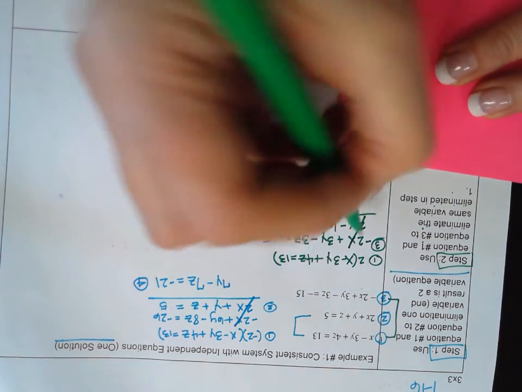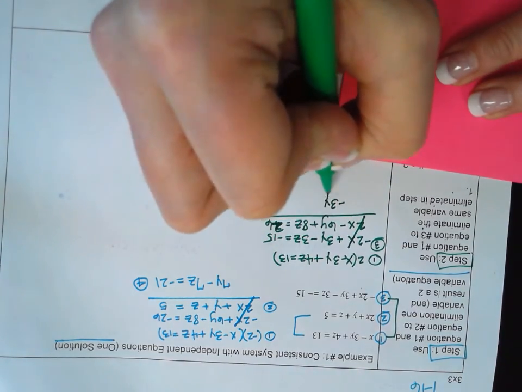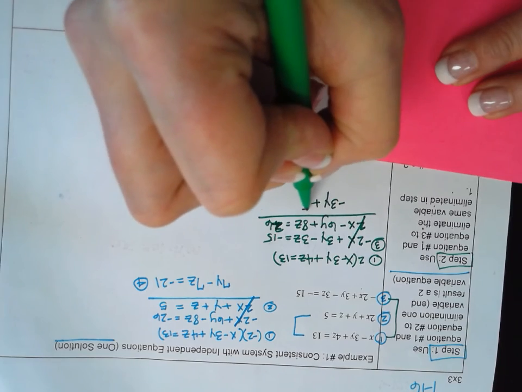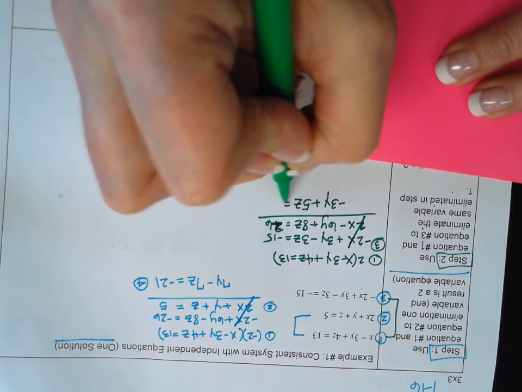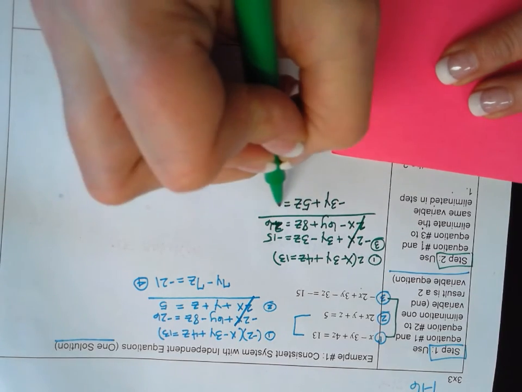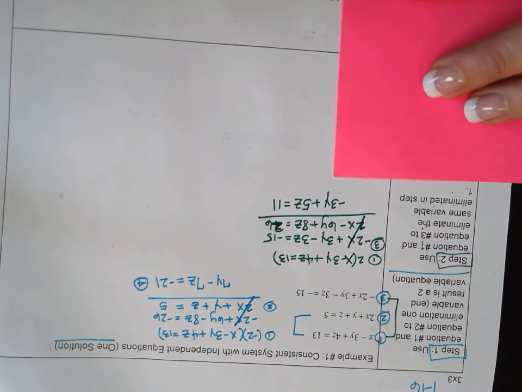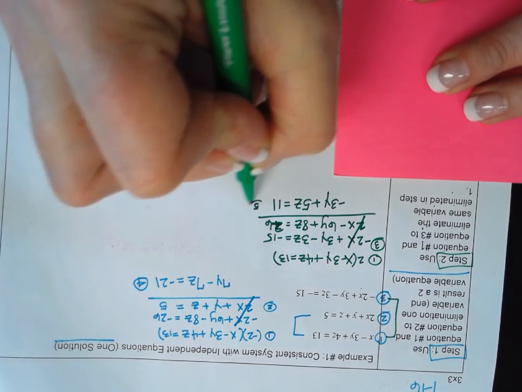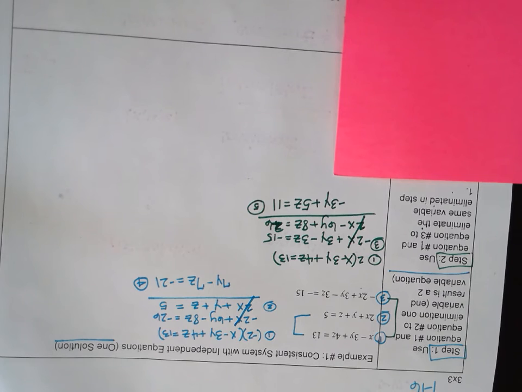And now I get, when I cancel, negative 3y plus 5z is equal to 11. And I'm going to call that equation 5. Good so far?